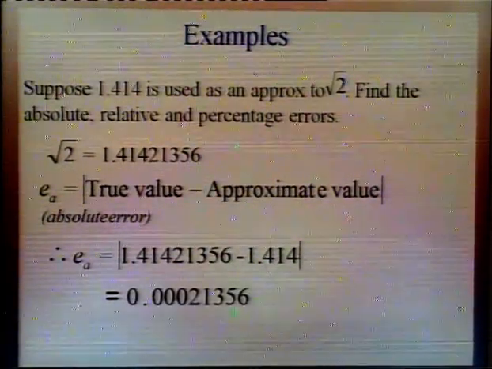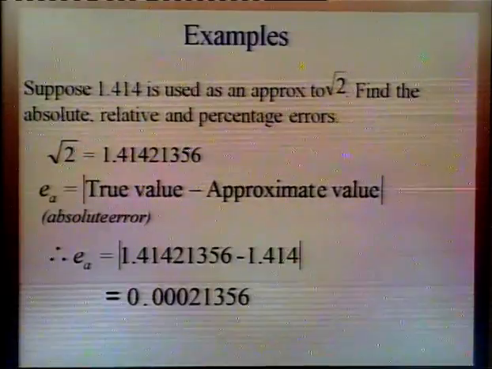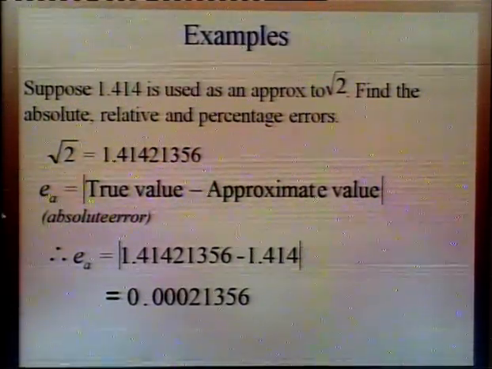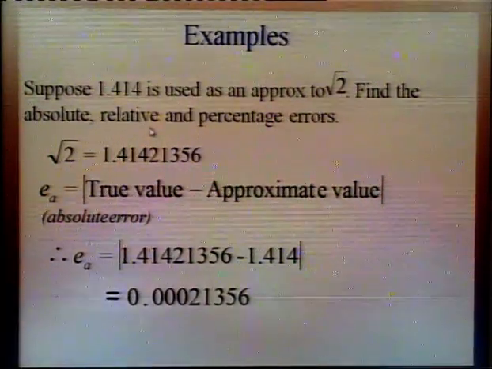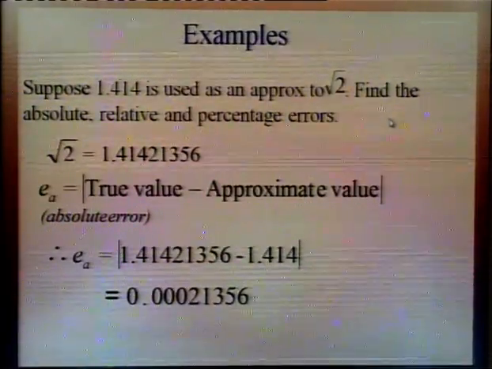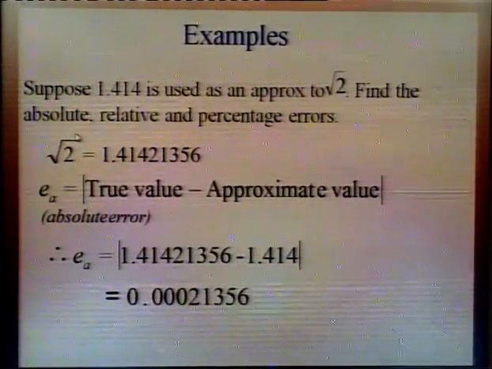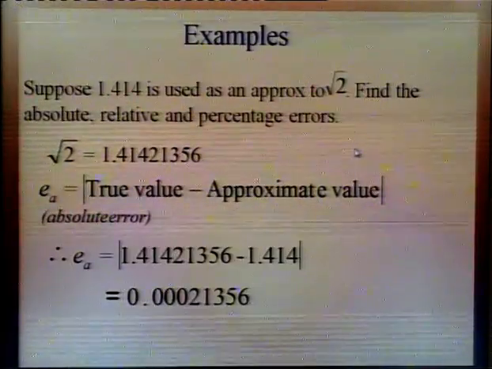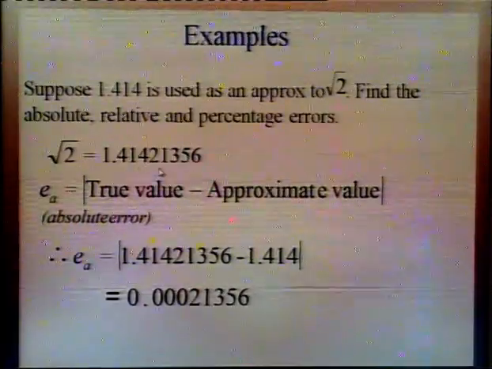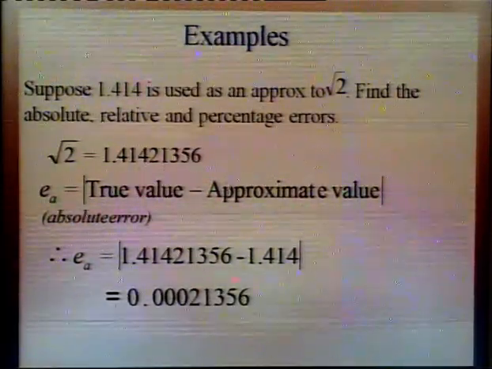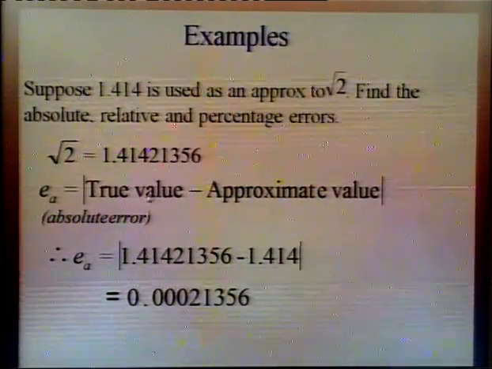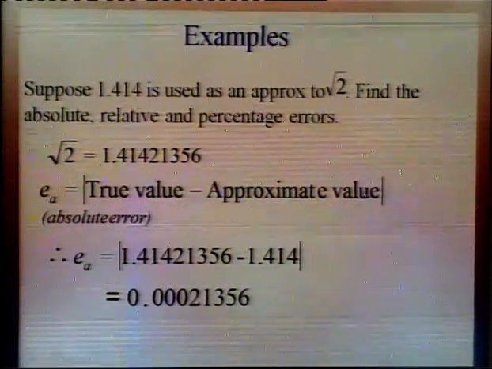Next we take another example for the measurement of absolute, relative and percentage error. Suppose 1.414 is used as an approximation to root 2. Find the absolute, relative and percentage error. We know root 2 is 1.41421356. So, the absolute error is true value minus approximate value.